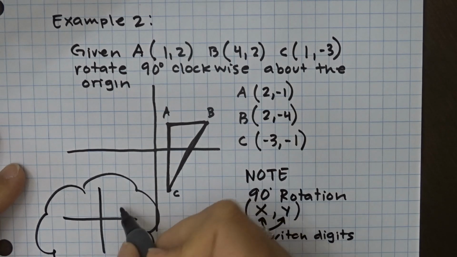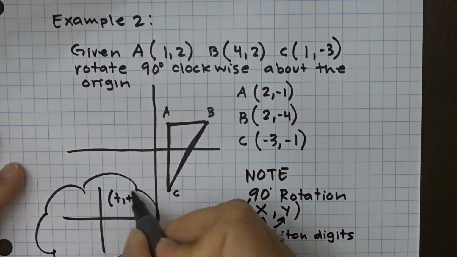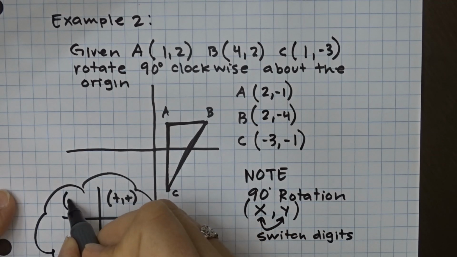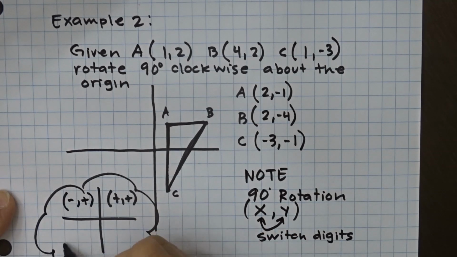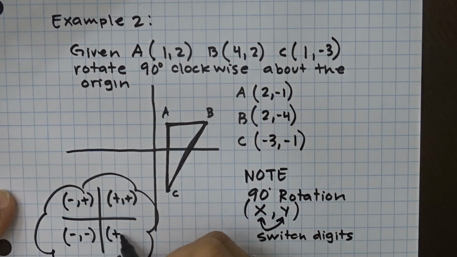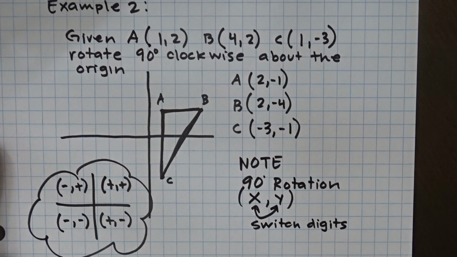Remember, when you're in this quadrant, your X and your Y are both positive. When you're in this quadrant, your X is negative, your Y is positive. When you're in this quadrant, your X is negative, your Y is also negative. And when you're in this quadrant, your X is positive and your Y is negative. So that's what we need to use.